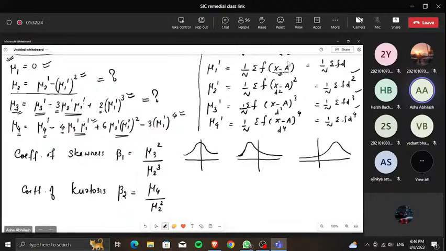We consider the value of mu3, because the value of beta 1 will always be positive, but it is not necessary that the distribution is positively skewed. So you must check the value of mu3, and if mu3 is negative, then even though the value of beta 1 is positive, it will be negatively skewed.